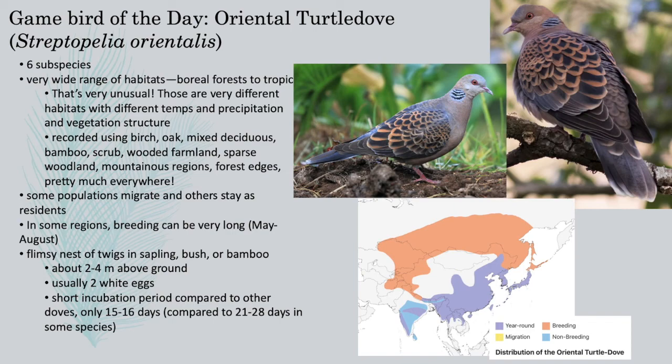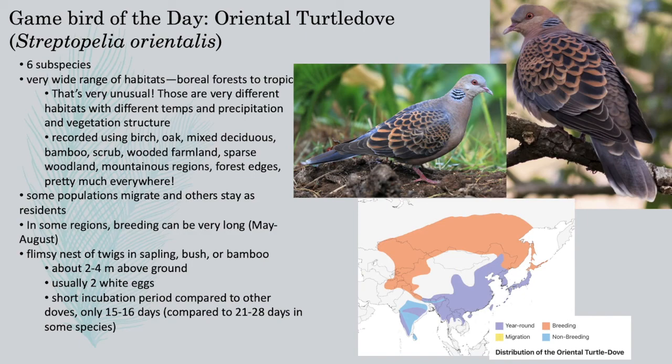There's a really short incubation period compared to other doves, only about 15 to 16 days, compared to 21 to 28 days in other species. Unlike a lot of our galliforms, their chicks are not precocial, they're altricial, so they're born without any feathers and they're blind, scrawny, ugly little naked things. So the parents have to give quite a bit of care to the chicks in the nest before they fledge, which I believe is after hatching somewhere around 16 days or so. Okay, so that is our game bird of the day.